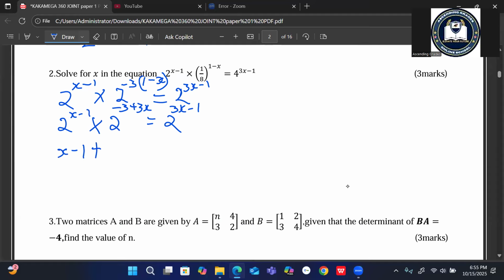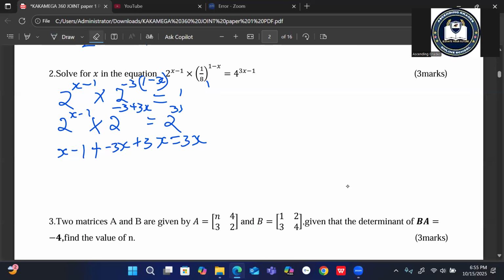Multiplication means addition, so plus -3 plus 3x. Sorry, this is 3x.